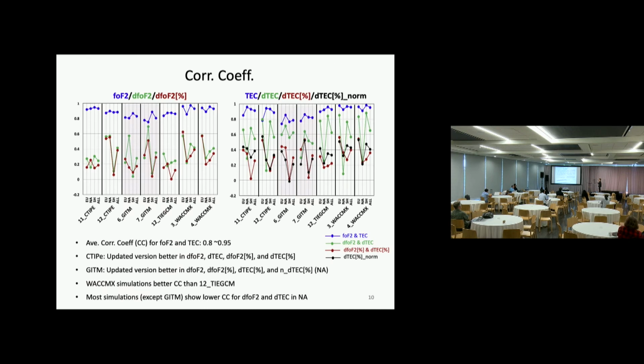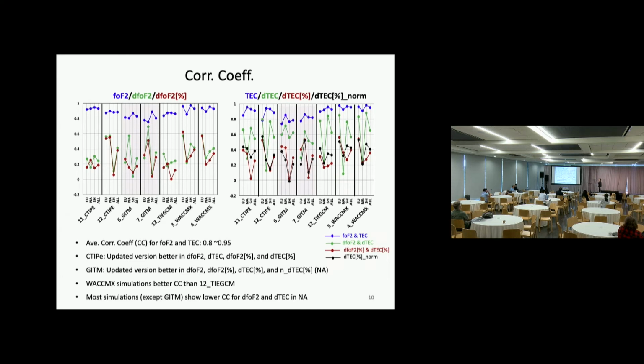Okay, so here is the correlation coefficient for foF2 and foF2 change and also percentage change. Here is TEC with normalized percentage change. For each simulation, the first dot is the average value over the European sector, the second is the average over North America, the third is for the Southern Hemisphere, and the last dot shows the average over all three locations.